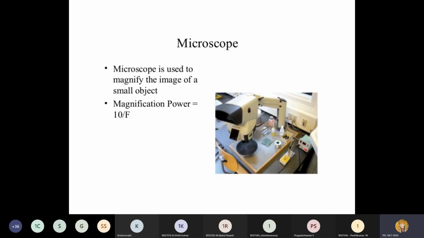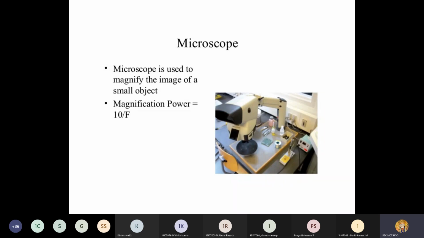And the microscope is normally used for magnifying the images of small objects. The magnifying power is around 10 by f. So it is a basic instrument used for magnifying the image.